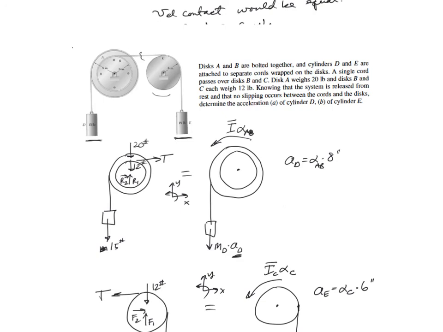I know that anything traveled on B will have to be the same as what's traveled on C. So SB equals SC, which gives me that RB theta B is going to equal RC theta C. And because RB and RC are the same, we'll have that omega C equals omega B, or that alpha B equals alpha C. And so again, down here, I've called that alpha AB is equal to alpha C.